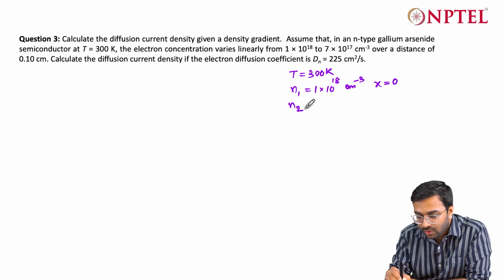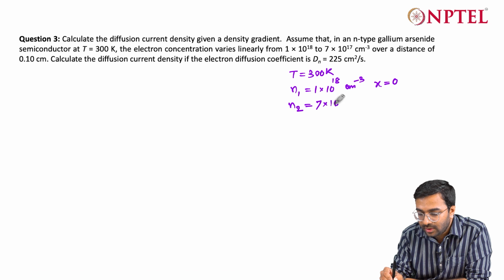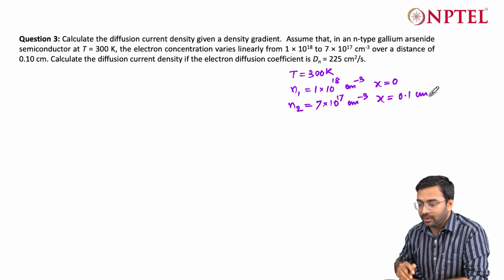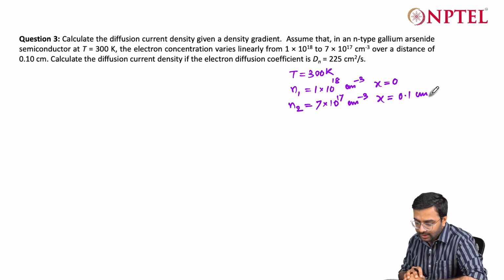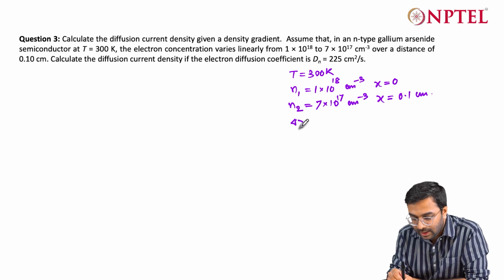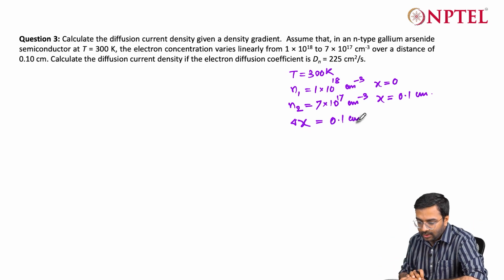The concentration of electron is 7 into 10 to the power 17 per centimeter cube when x is equal to 0.1 centimeter. So, with distance it is changing, and delta x, the change in distance, is 0.1 centimeter. This is how the distance is defined in the question.